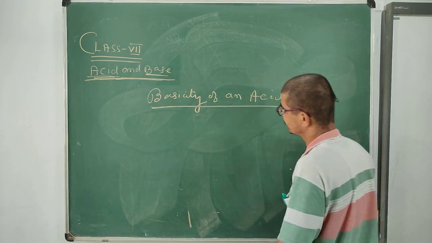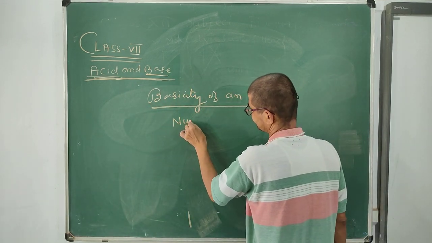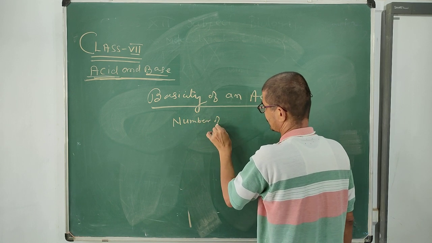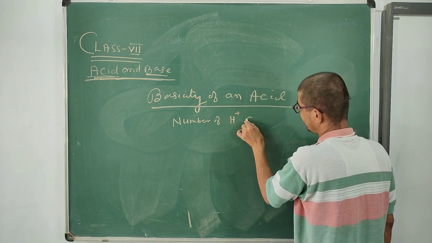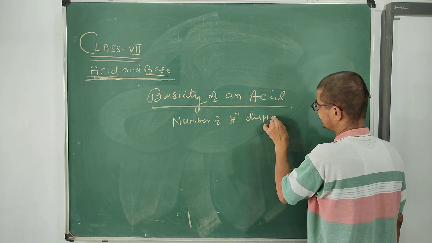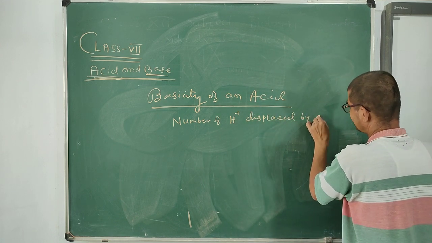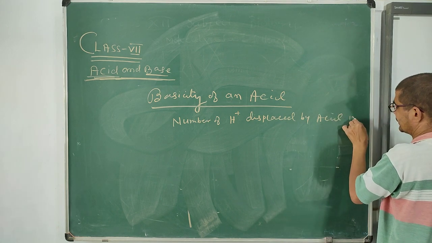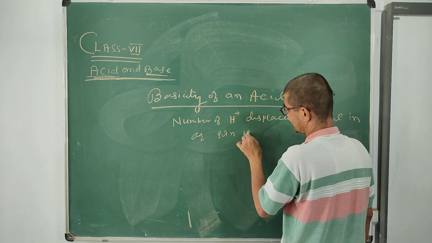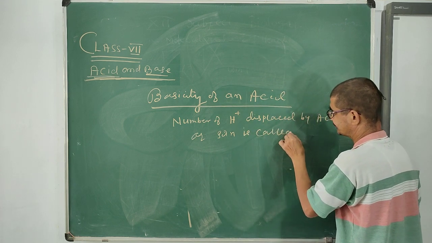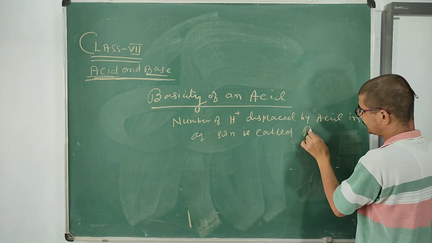The number of hydrogen ions displaced by an acid in aqueous solution is called the basicity of an acid.